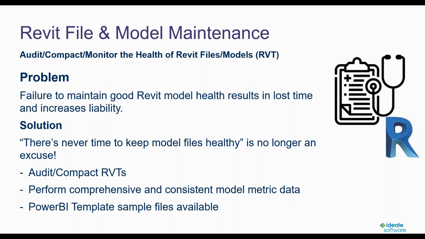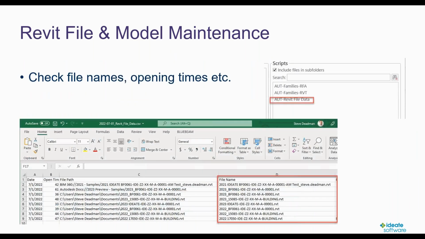This is something that would have been very handy in my previous life, just to keep models in good shape. Just run these audit compacts out of hours when people aren't working, and also create weekly archive copies as well, which I was keen on people to do. So that's two additional scripts you can use to help with your general Revit project management.